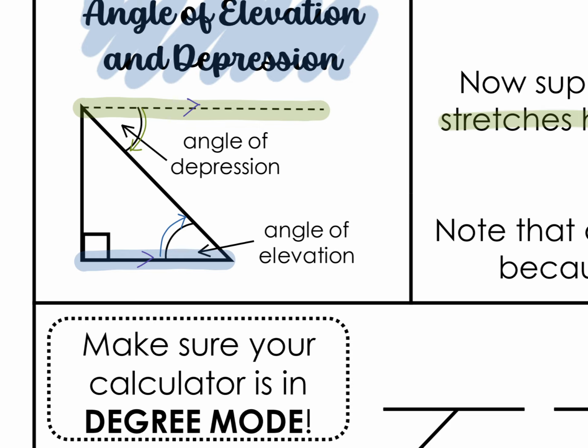When you have parallel lines being formed and you have alternate interior angles, so this angle here and this one down here, they are congruent. So a lot of times you'll see when I'm working through a problem like this and I'm labeling my picture, when they give me the angle of depression, I like to go ahead and just put it as my angle of elevation as well.